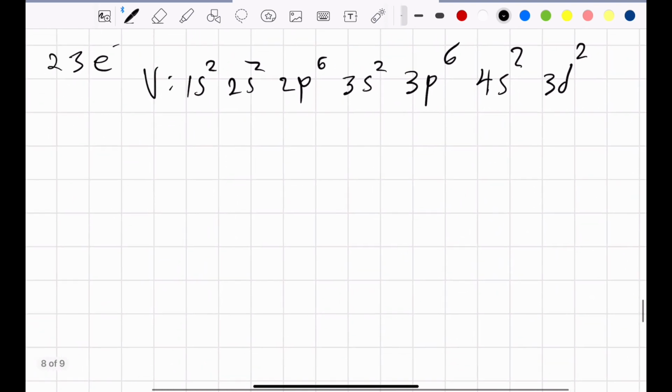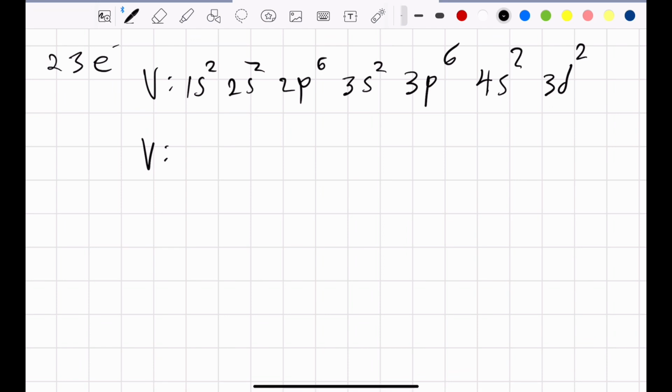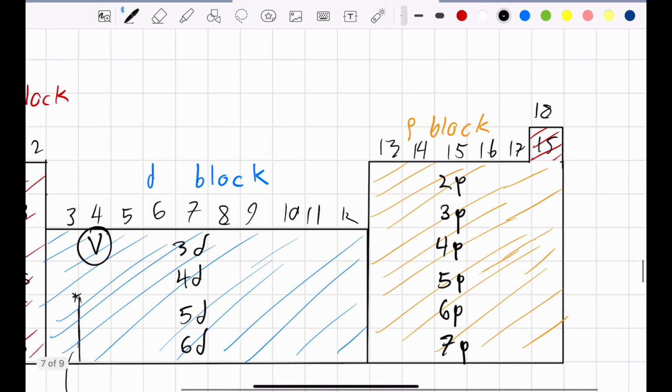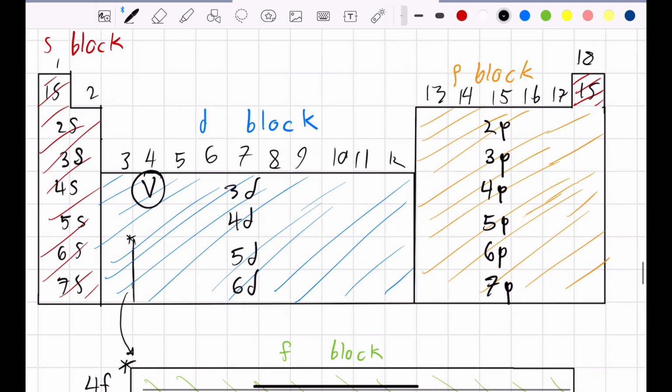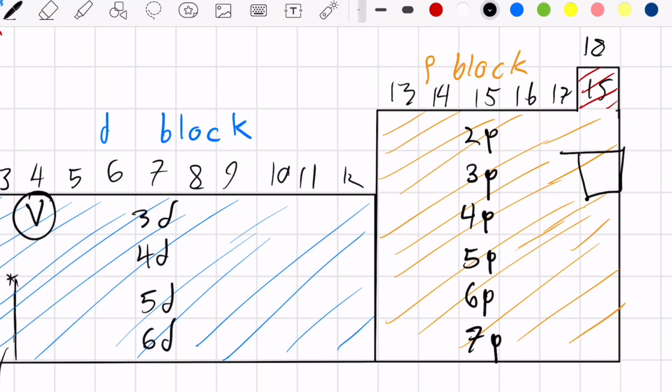We can also do the shorthand notation, which starts with the highest noble gas before the last row we're working with. So that would be this noble gas right here, which is argon.